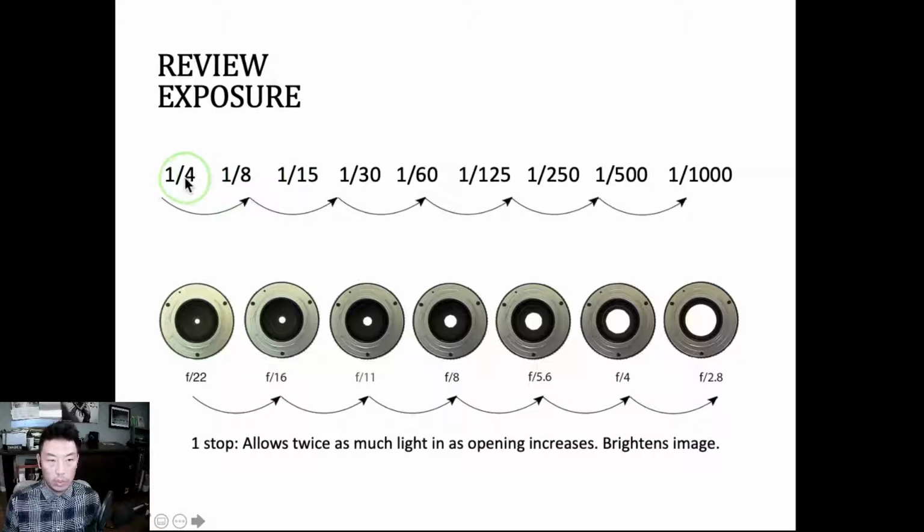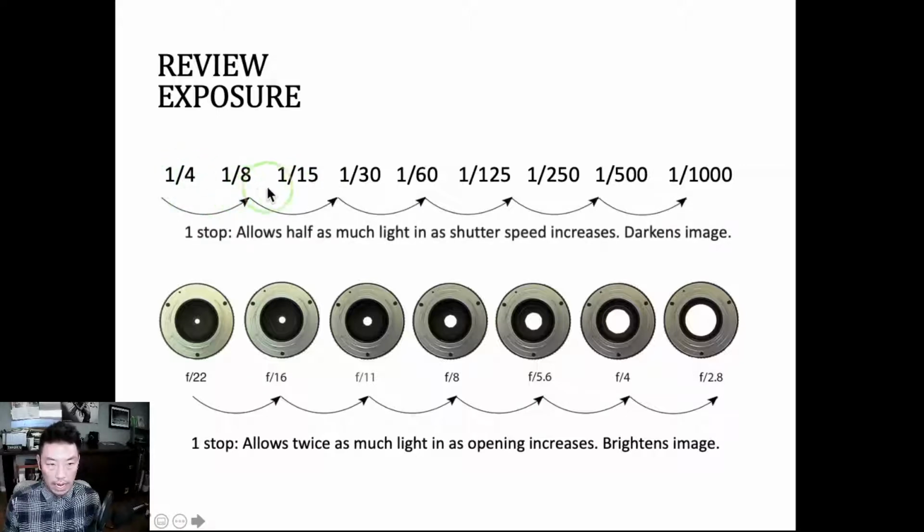So the difference between 1/4 to 1/8 is one stop, 1/15 to 1/30 is one stop, etc. If we're going faster, we're allowing half as much light in as the speed increases. As you increase the speed, you're darkening your image because you're allowing less light to come in. The shutter's opening and closing faster, therefore darkening the image, not letting as much light in.